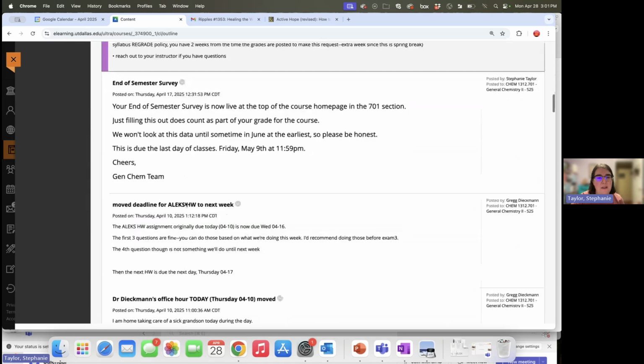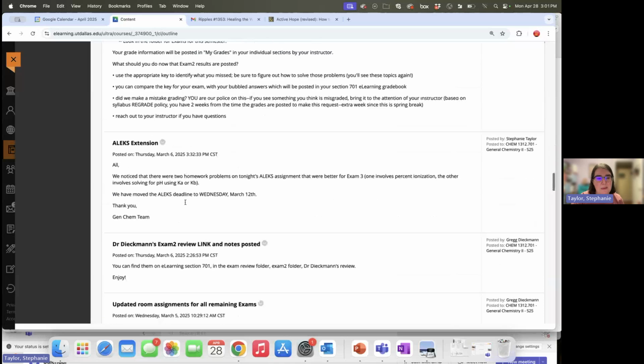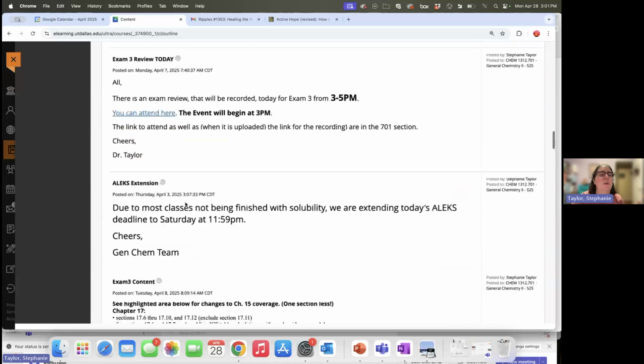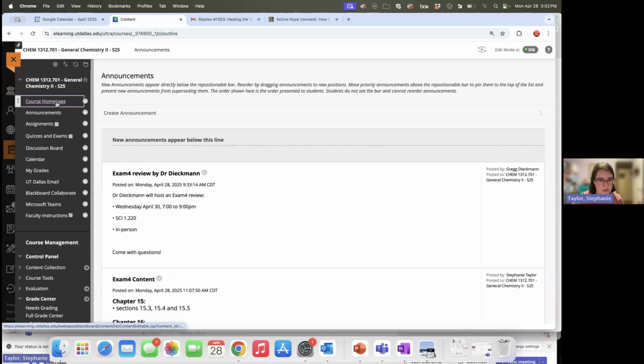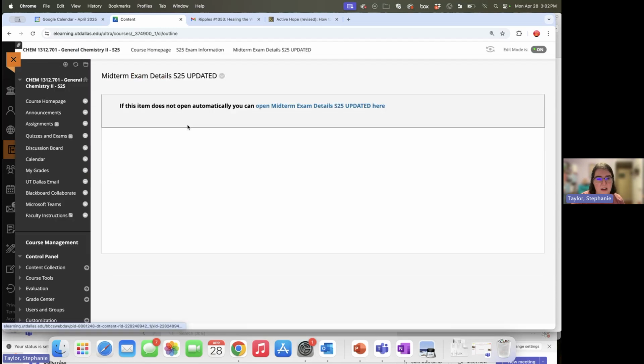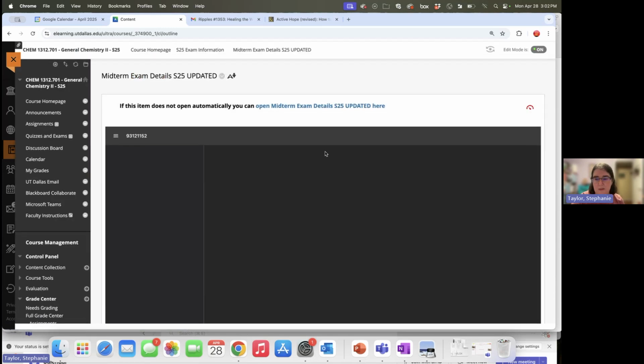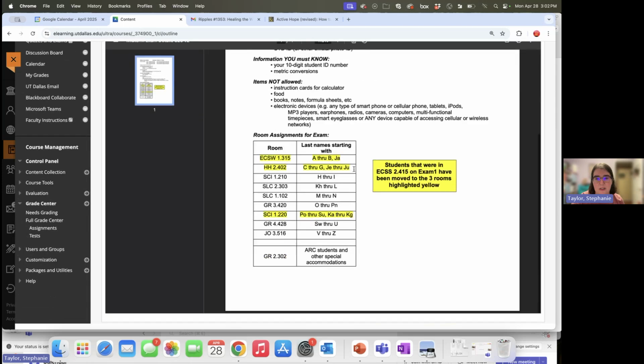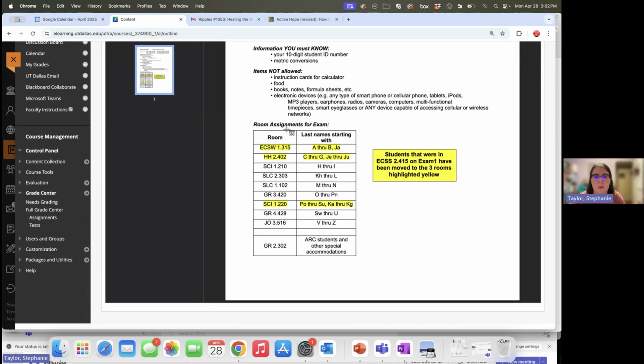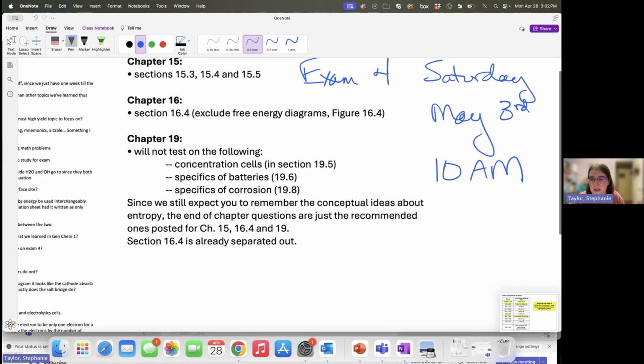And somewhere through all these announcements is a lovely little table that should give me room assignment. Oh, no, the updated room assignments went somewhere else. So we are all full of what do we have left to do and where is it going and what are we doing? But there it is. So room assignments. So these now are the room assignments that y'all have had for exam 2 and exam 3.